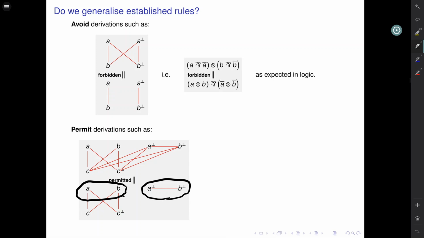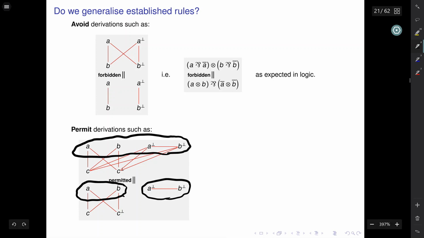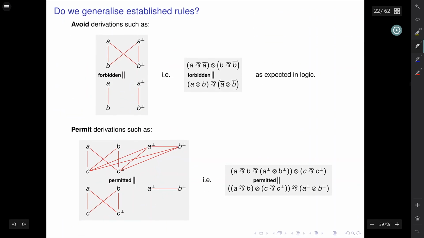And you can see that the module is grown above and the graph on the right has moved inside the module. Essentially, this corresponds to a rule like this, where you can see the formula on the right has moved inside another formula, and this is admissible in pretty much any logic you can think of. So we have some reference points that things we don't want to violate.